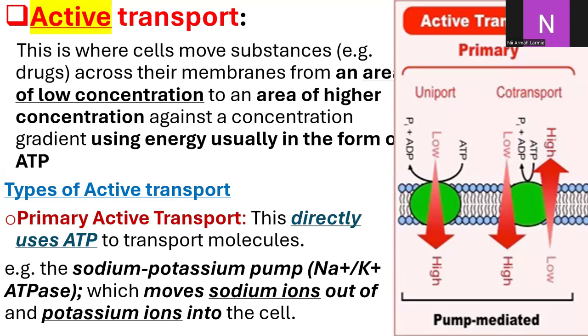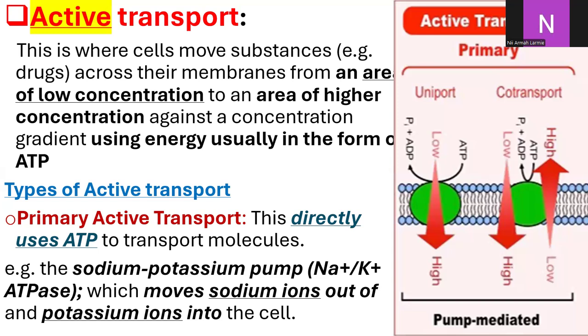And potassium ions, which are of higher concentration, are also moved against the gradient. On the outside, potassium is lower and on the inside, sodium is lower on the outside and potassium is higher on the inside. We move across in that order against the concentration gradient where we are using energy. The transporter is known as the sodium-potassium pump.